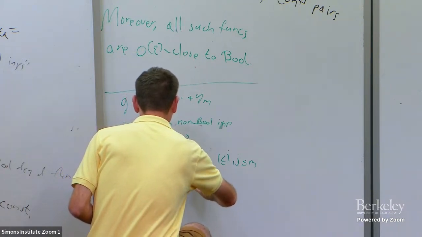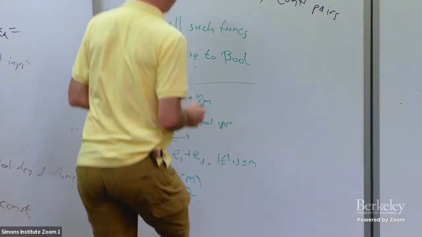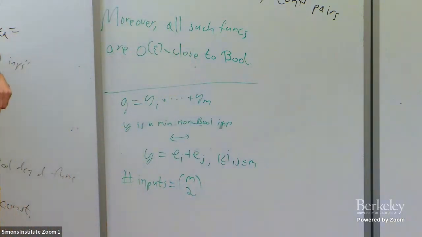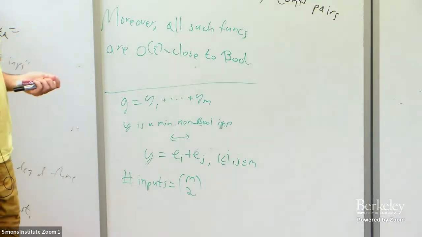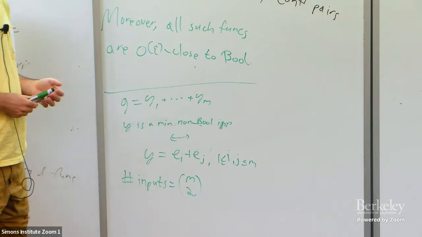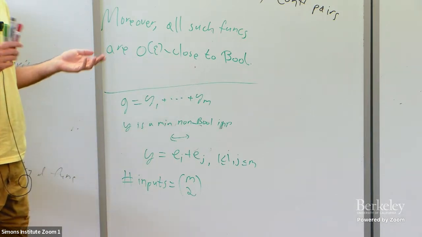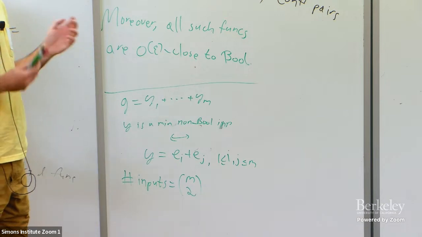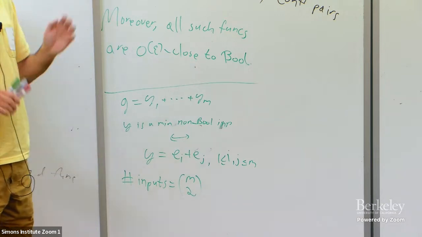is m choose 2. So I'm saying that m choose 2 needs to be at most epsilon over p squared. Now either m is equal to 0 or 1, and otherwise m choose 2 is like m squared. And then m squared is at most epsilon over p squared. So m is at most square root of epsilon over p.